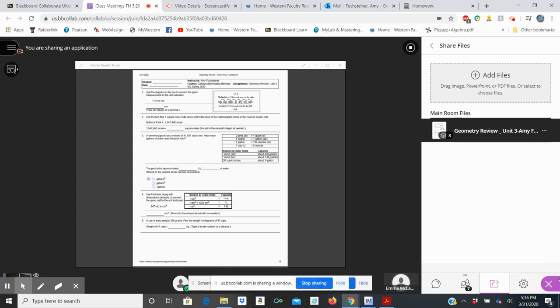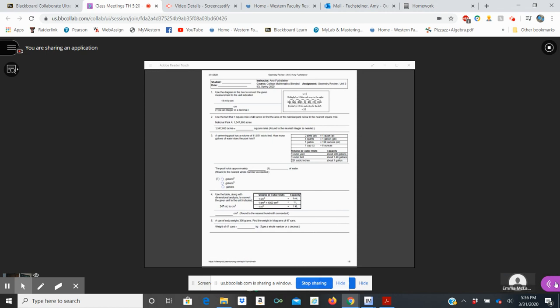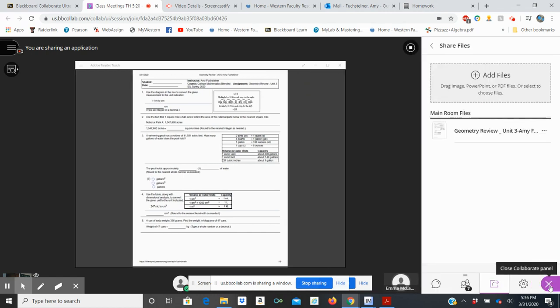In the lower right-hand corner, where you see that purple collaborate panel, do you see that purple collaborate thing? If you click on that and open it, and go to your shared files, you should see a copy of this file listed. Should say Geometry Review Unit 3.